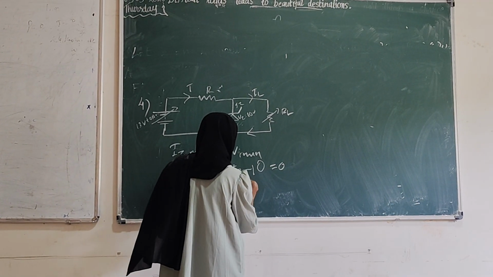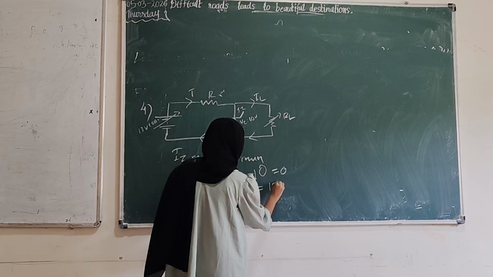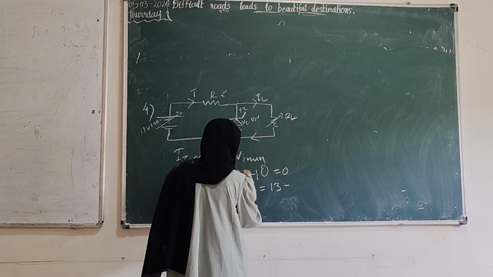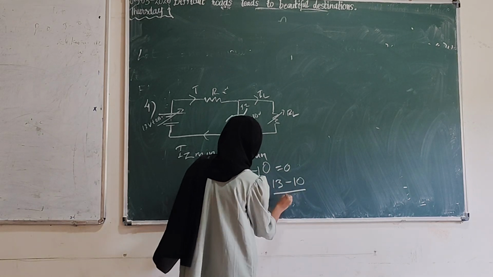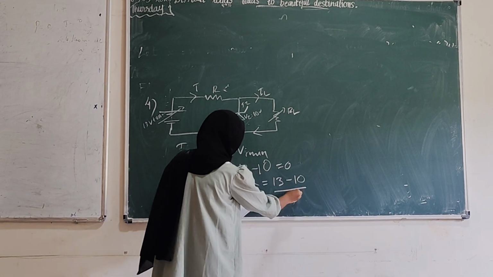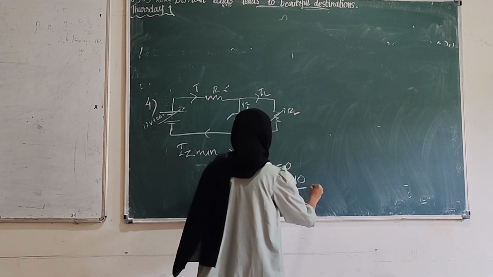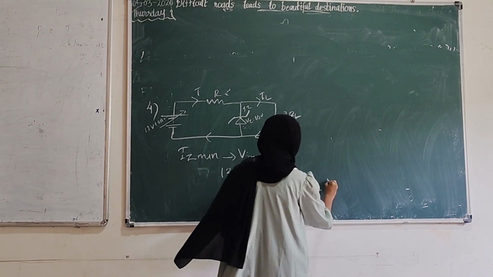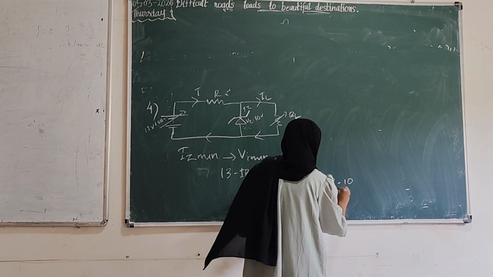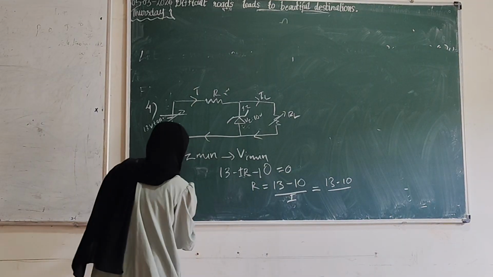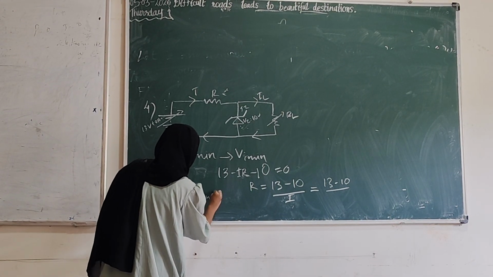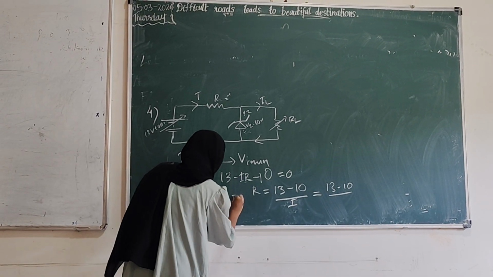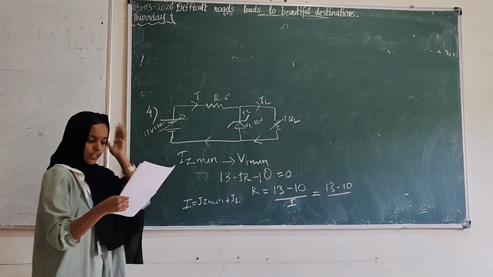So R will be 13 minus 10 by I. I will be IZ minimum plus IL.